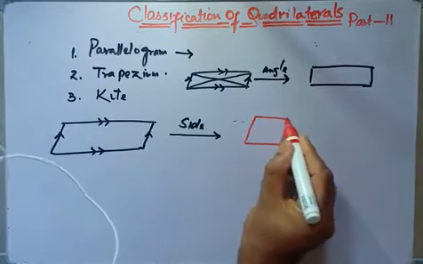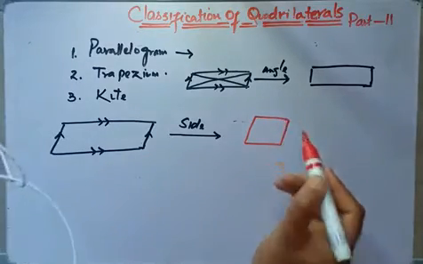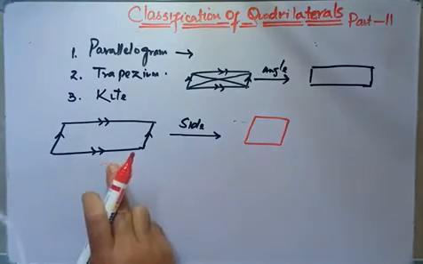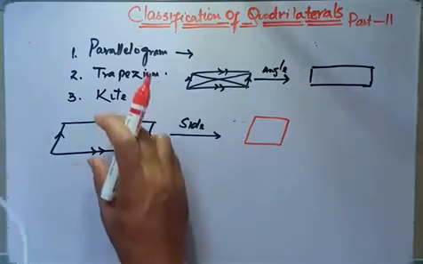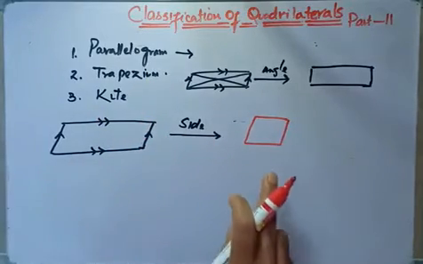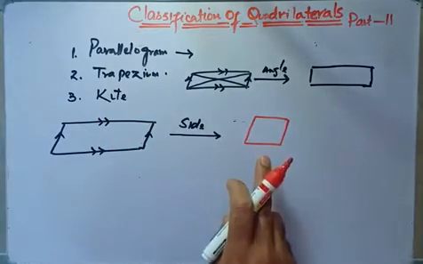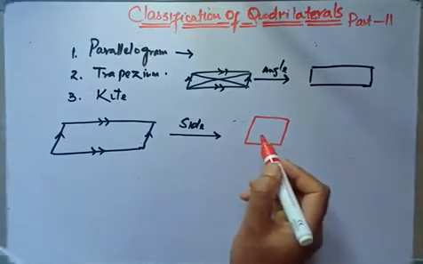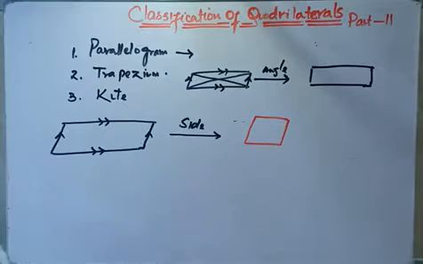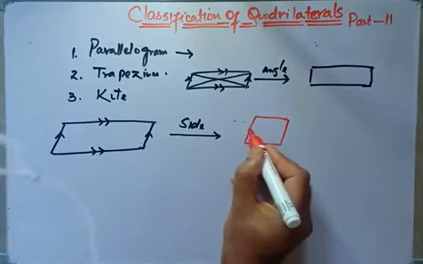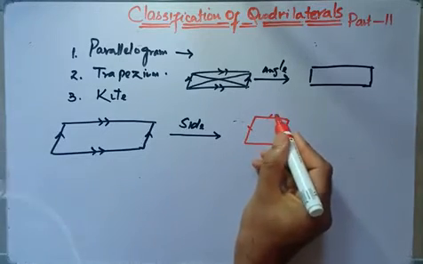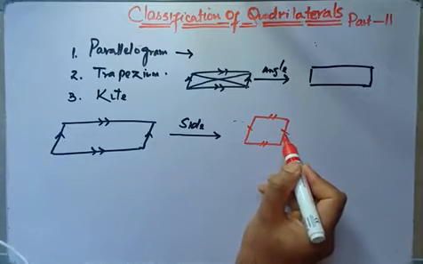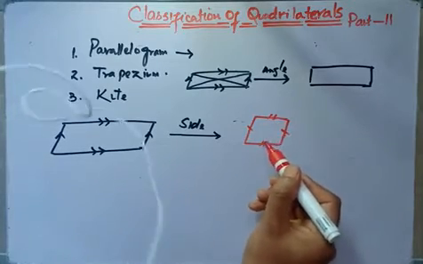So what is the difference between these two? The only difference is that in this type of quadrilateral, opposite sides are equal and parallel. But in this type of quadrilateral, all the sides are equal. This side is equal to this, and this side is equal to this, and this side is also parallel to this side, and this side is also parallel to this side.